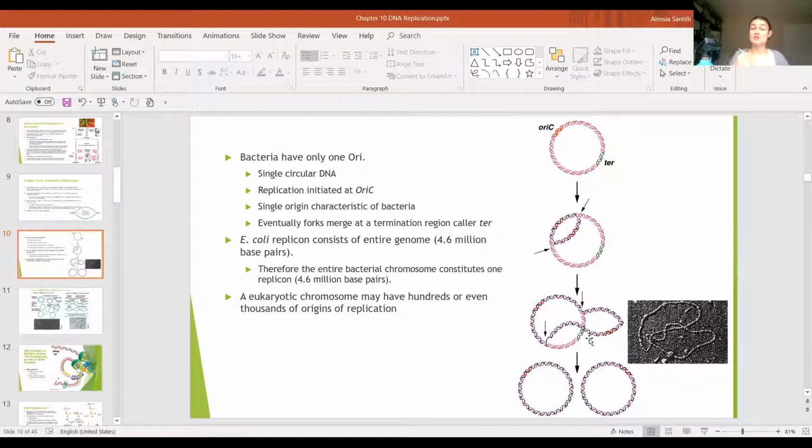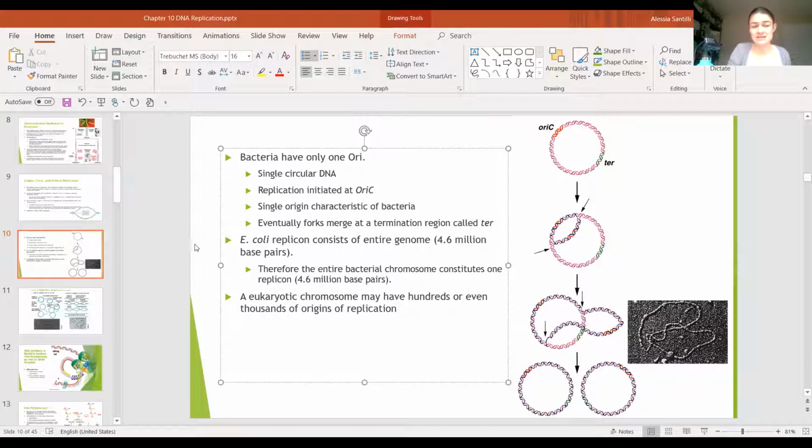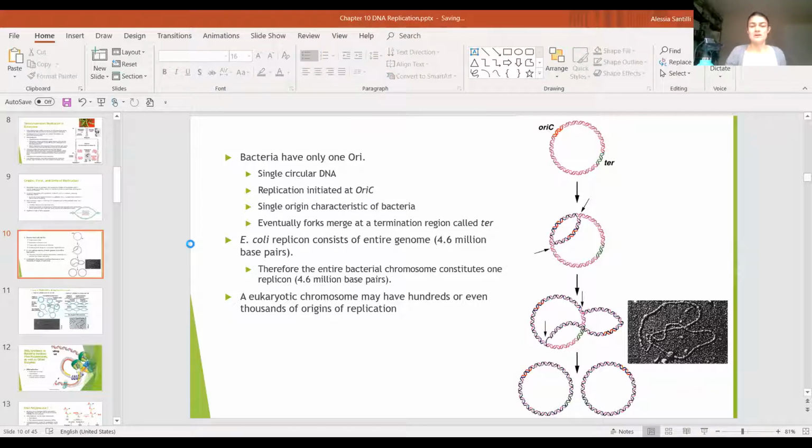That end point, that termination region, is known as a TER. It's called the TER region, okay? And then basically the replicon, remember, is the replicated DNA, which consists of the entire genome, which in E. coli is about 4.6 million base pairs. And so therefore the entire bacterial chromosome constitutes one replicon, essentially.